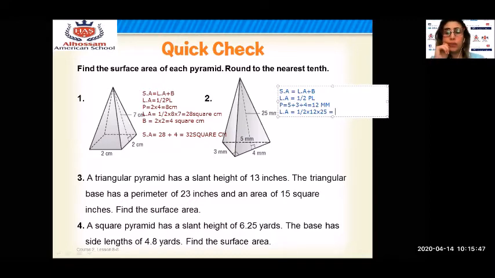Yes. Equal? Half times. I'm calculating this.